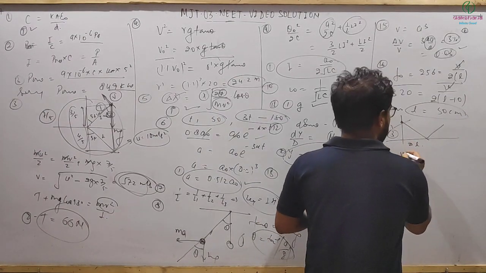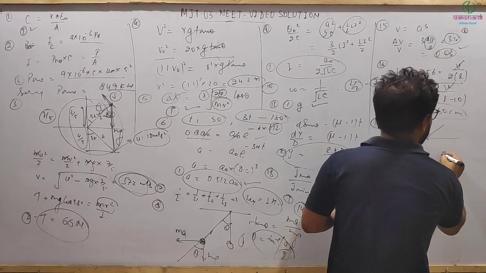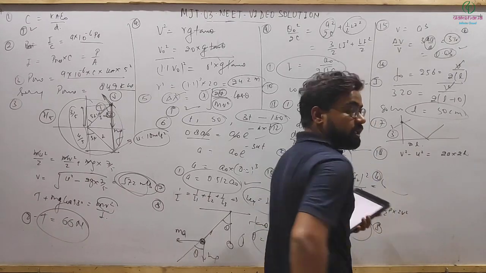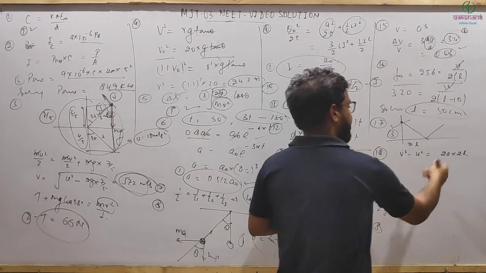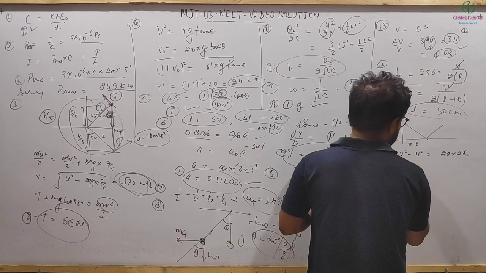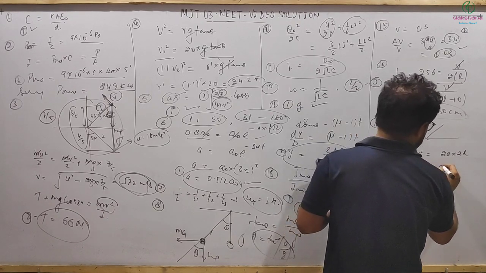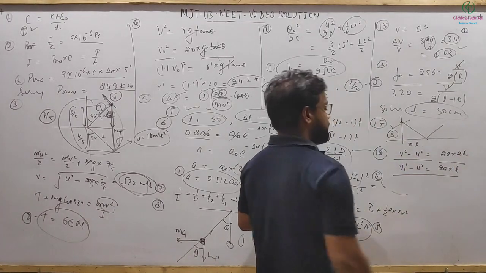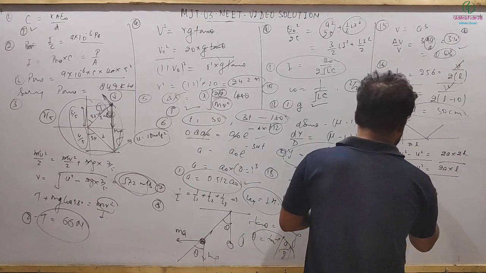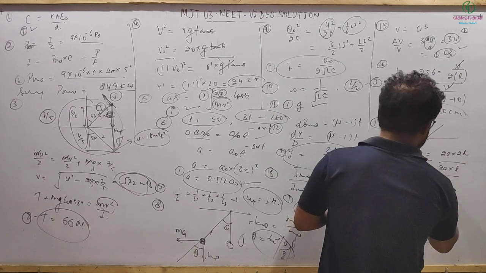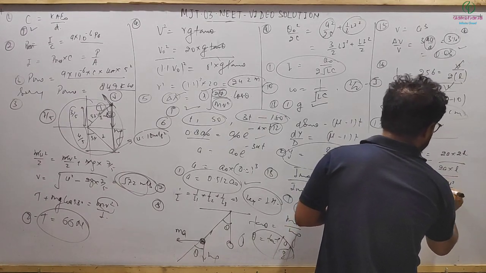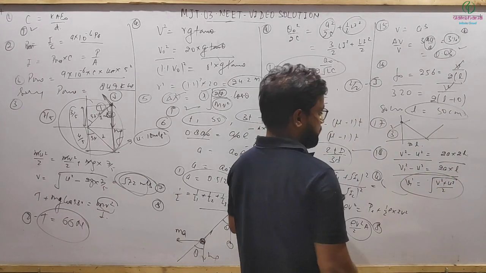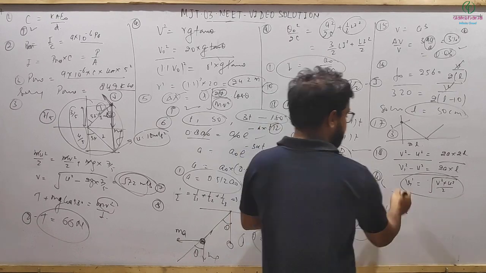Then v squared minus u squared is equal to 2a into 2L. In the next case, let's say the velocity is v prime when distance L is covered, meaning the midpoint is passing, so v prime squared minus u squared is equal to 2a into L. Dividing and solving, we get v prime is equal to root over (v squared plus u squared) by 2. This is the answer, matching with option number 3.